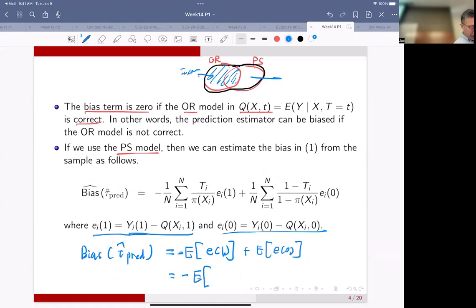See here, this is T1 minus T, divided by 1 minus pi.